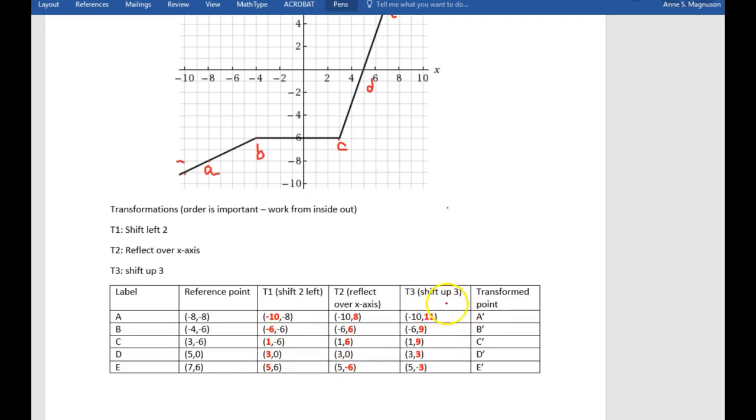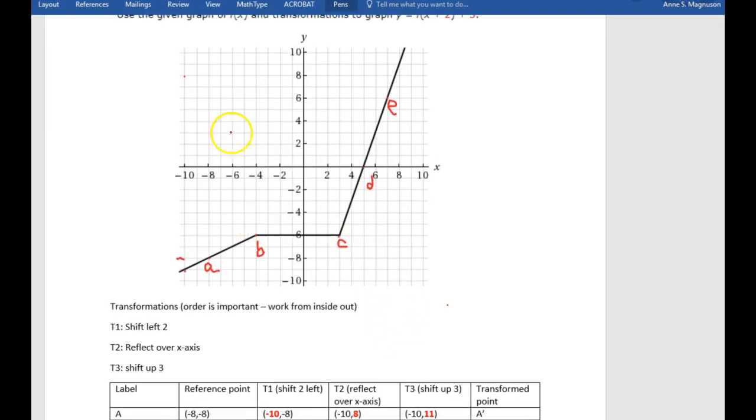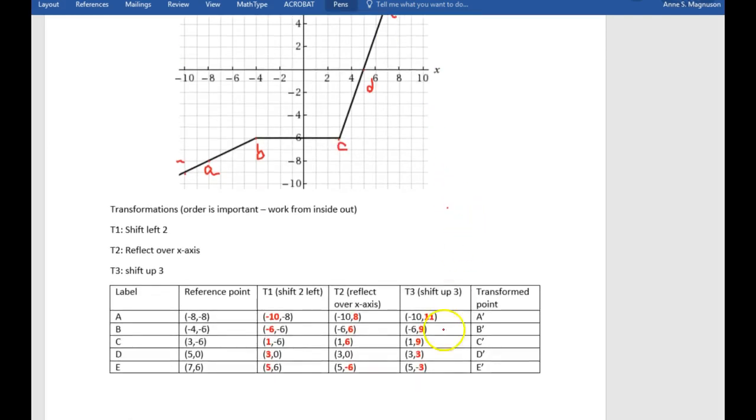And now the last transformation, I'm shifting up 3. So I'm taking that point and moving it up 3 along the y-axis, and I'm not changing the x-coordinates. So you can see I've just added 3 to the y-coordinates of each of these points from the second transformation.